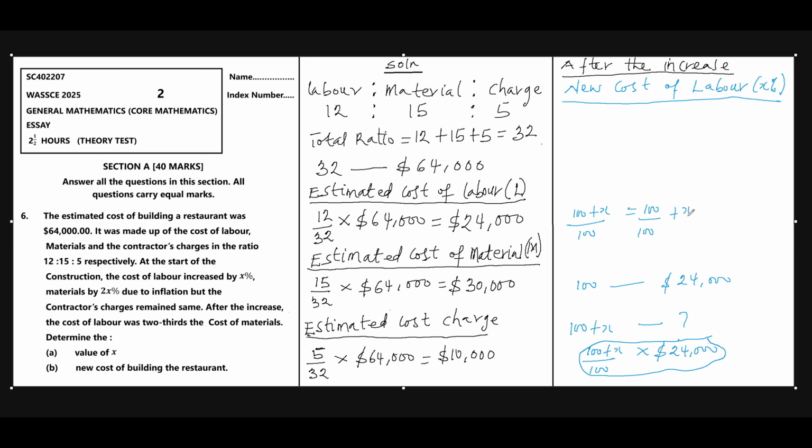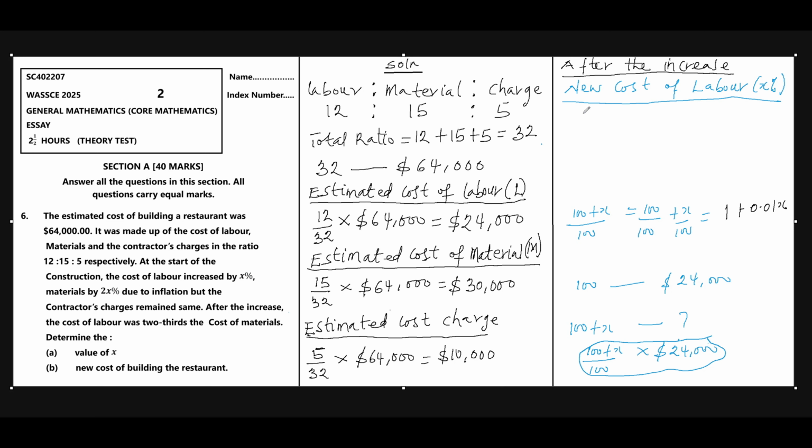And we know that 100 divided by 100 is 1, and then x divided by 100 will give us 0.01x.